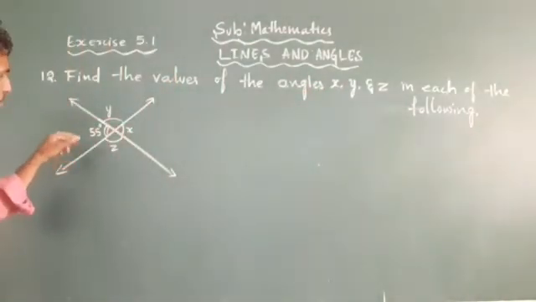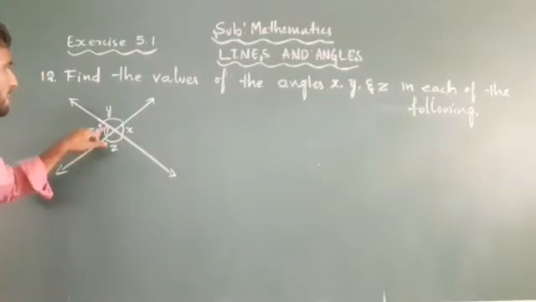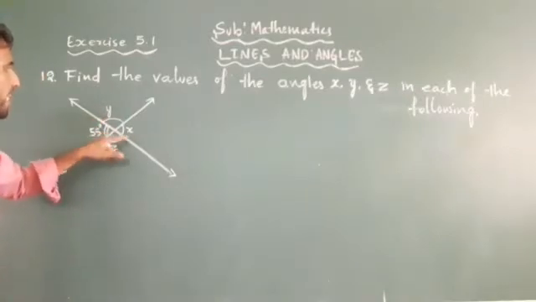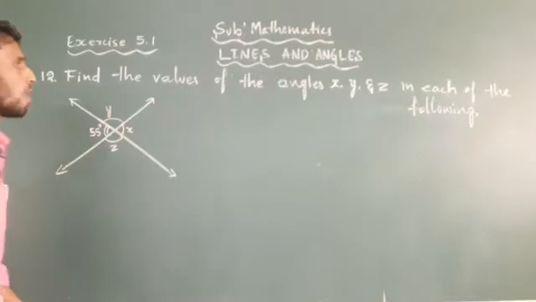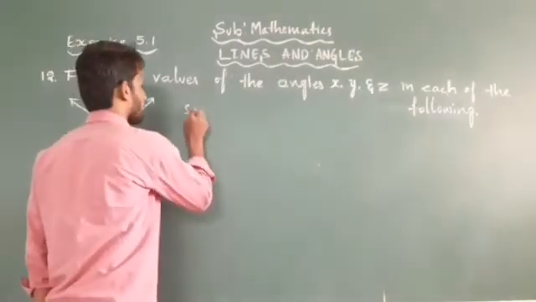In this question we have two figures. We have to find the values of the angles x, y and z. Here in this figure we have one angle of 55 degrees. Now let us see the solution.